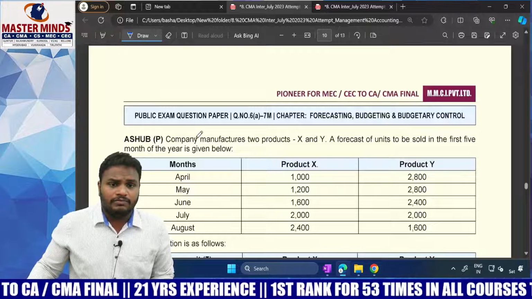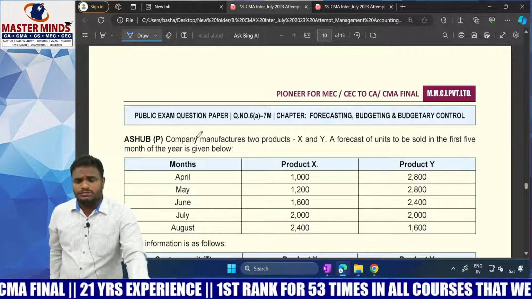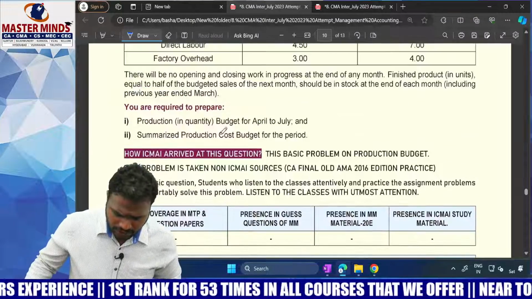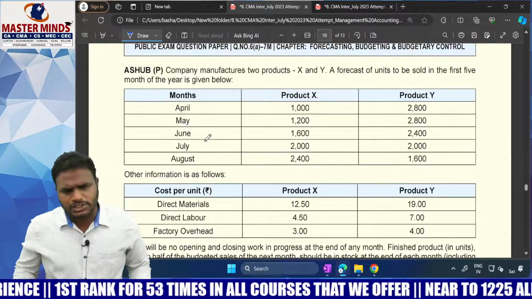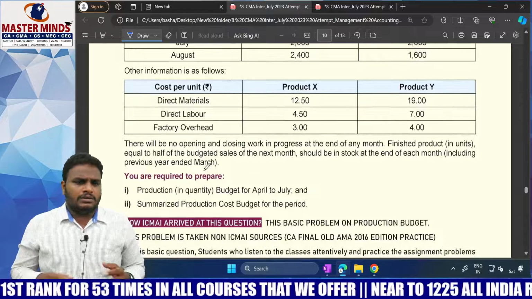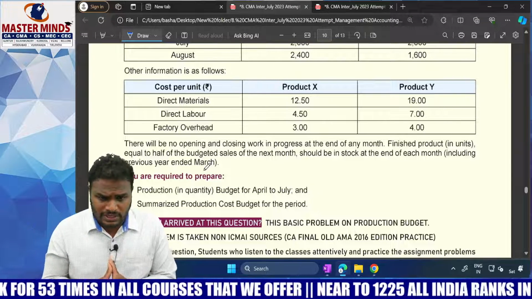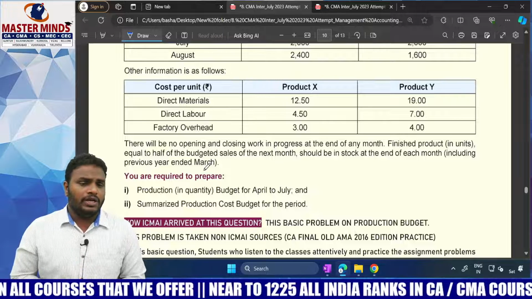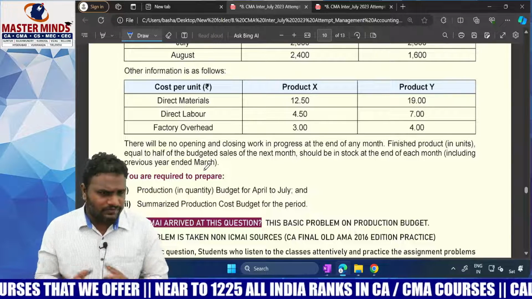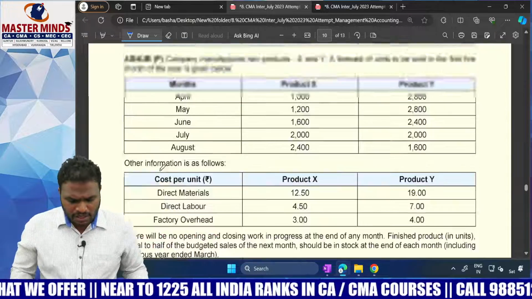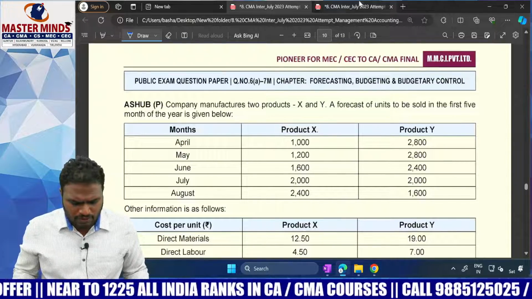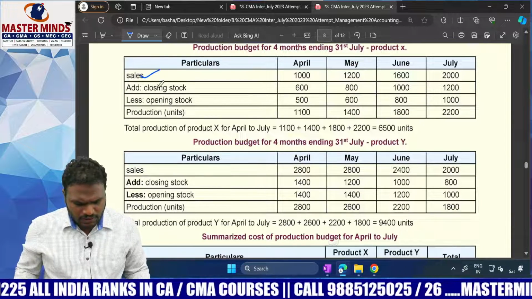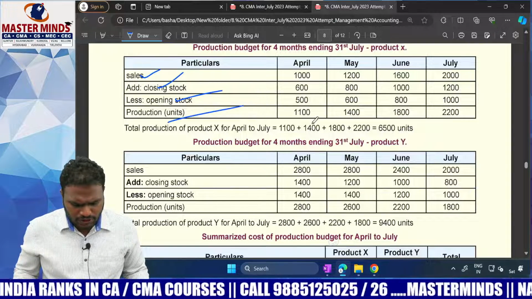7 marks. This question is from budgetary control. This question is on production budget. What is the formula for production budget? Number of units sale plus closing stock minus opening stock, into production cost, production budget. Yes or no? Now this is also a purely basic question on production budget. Sales plus closing stock minus opening stock, production units.